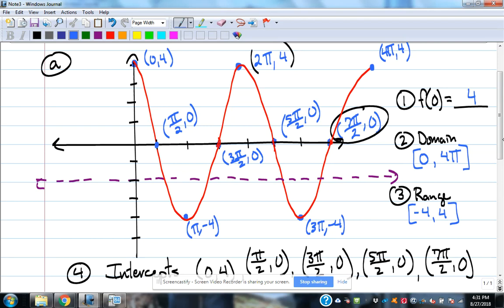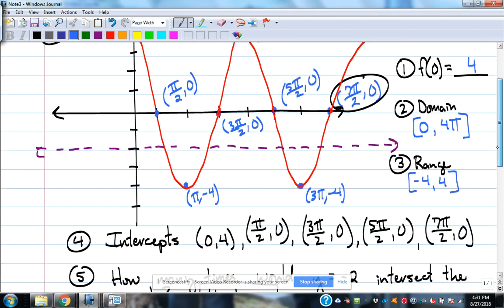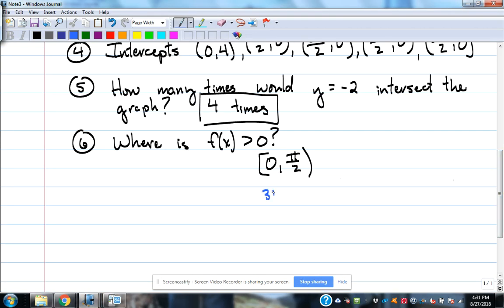Stops right there, right? So from 3 pi over 2 to 5 pi over 2. Parentheses on both of those because if it's equal to 0, it's not greater than 0.